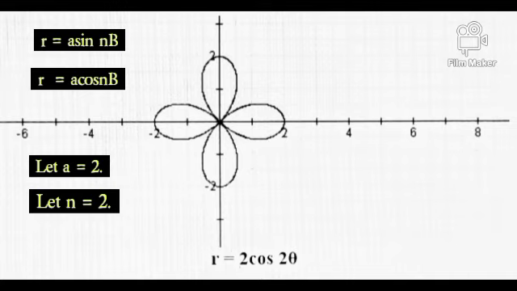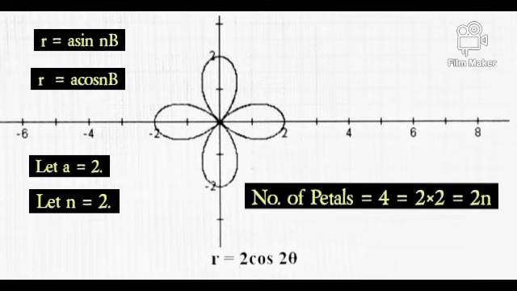And the graph of that polar equation is shown in the diagram with 4 petals. The graph of r equals a cosine 2b is a rose with 4 petals. And the number of petals equals 4.